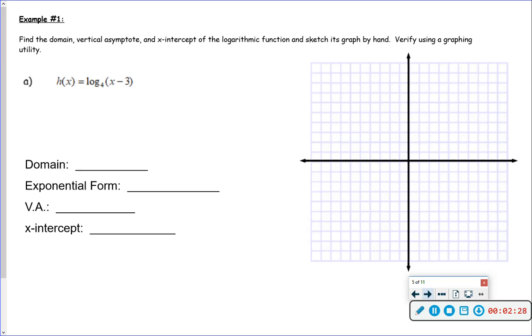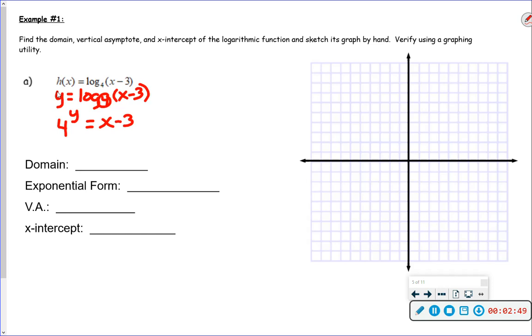So first, let's put it in exponential form. If we're in function form, h of x, just think of that as y equals, especially when I'm graphing x, y. So I'm going to get it into exponential form first. The base to the opposite side equals our argument, and I'm going to go ahead and add 3 over.